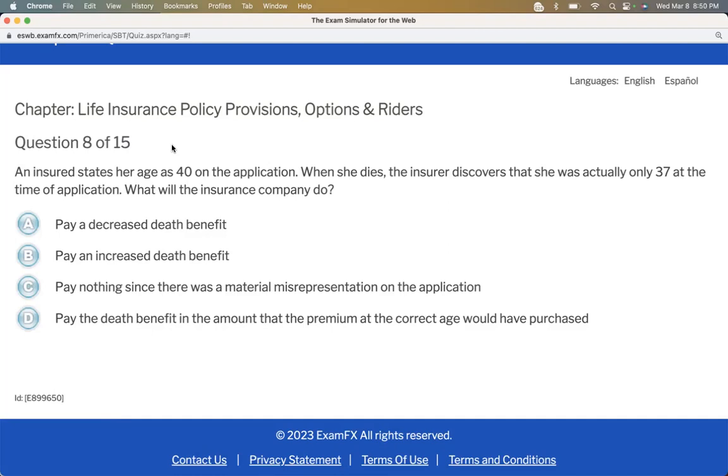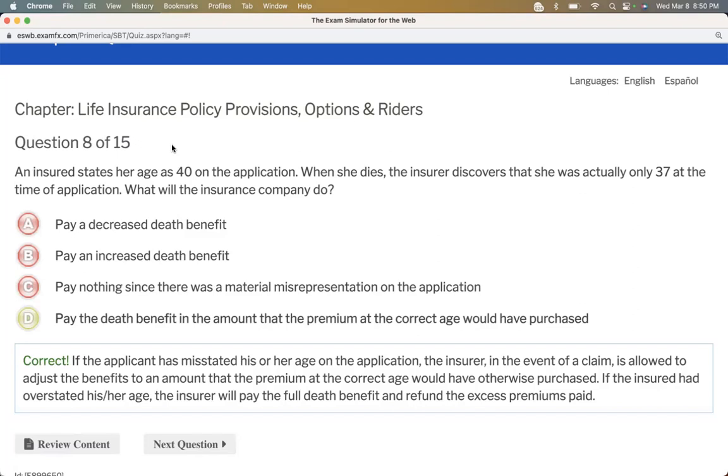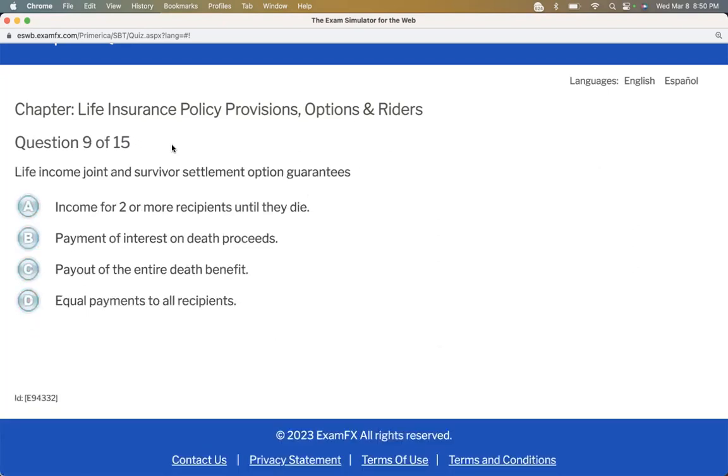When she dies, the insurer discovers that she was 37. What's going to happen? D. Yep. That's right. Good job.